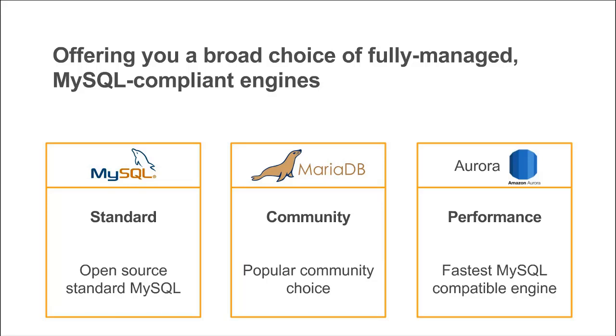Additionally, MariaDB is a fully MySQL compatible community developed engine, which was forked from MySQL and is promised to remain open all through. And then we have Aurora. Aurora is a completely reimagined database engine for the cloud. It offers you the performance and availability of commercial databases at the price point and flexibility of open source databases.